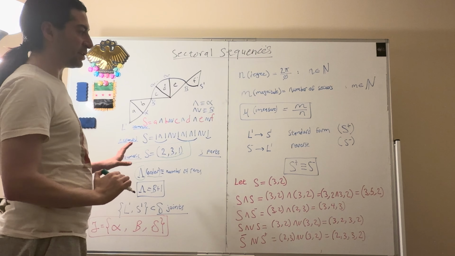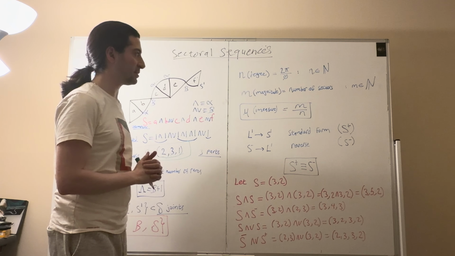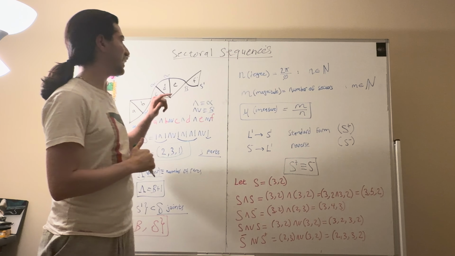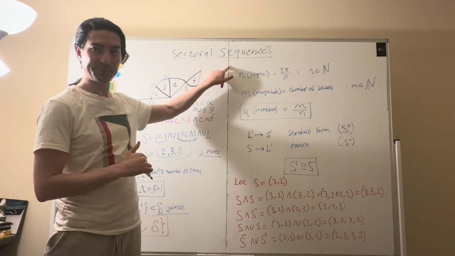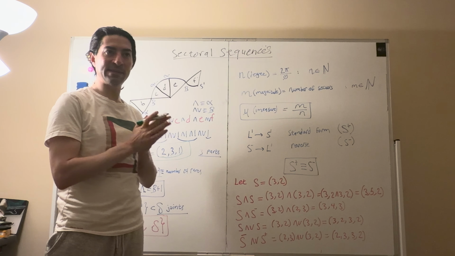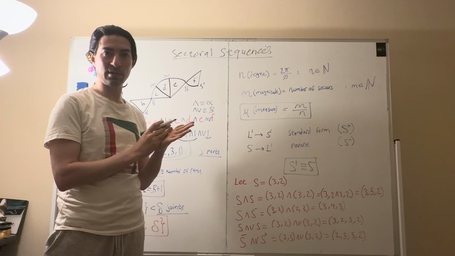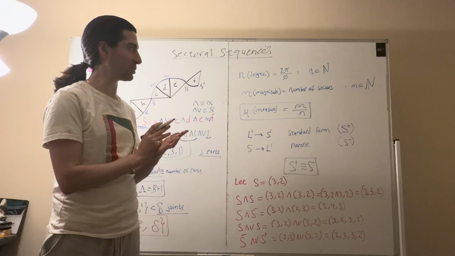A few more definitions that are going to be very important in this framework. The degree of a sectoral sequence. Remember that any sectoral sequence is made of congruent sectors.